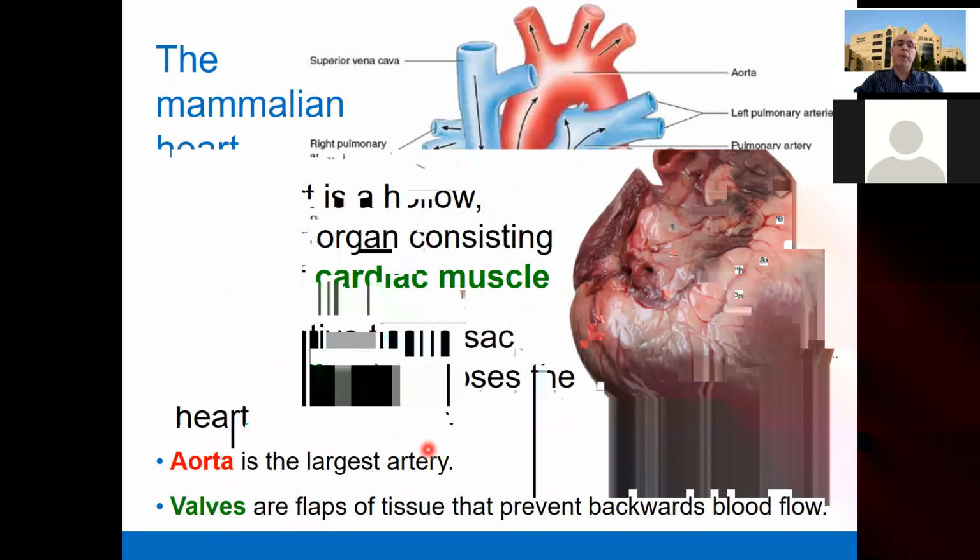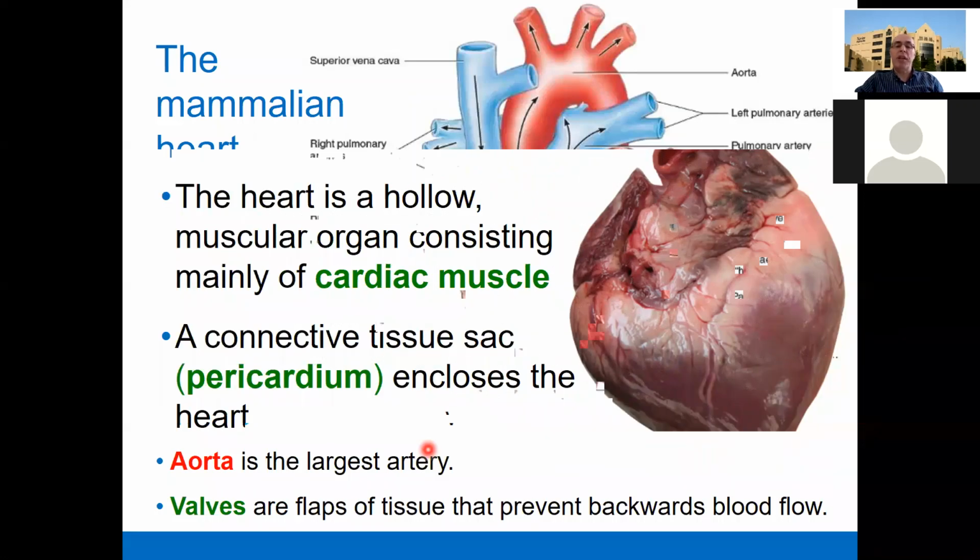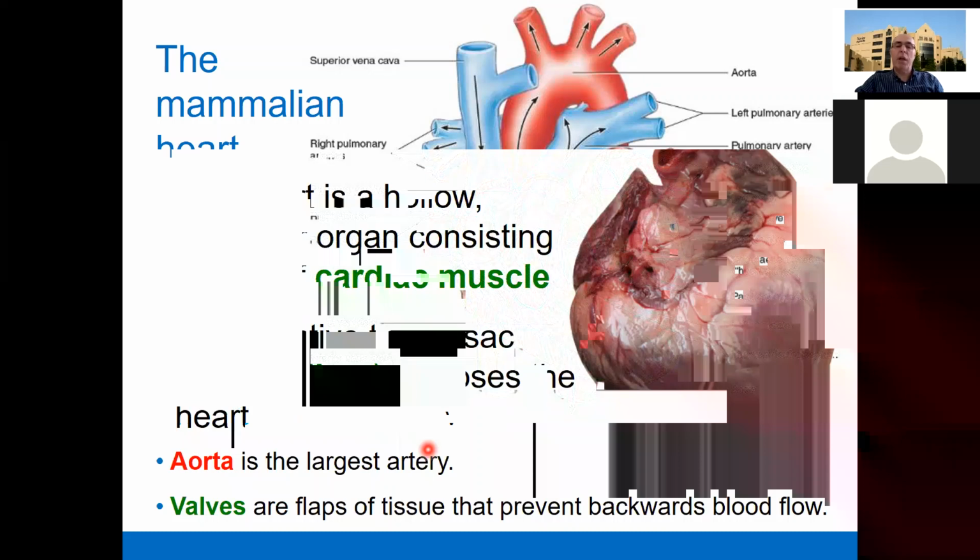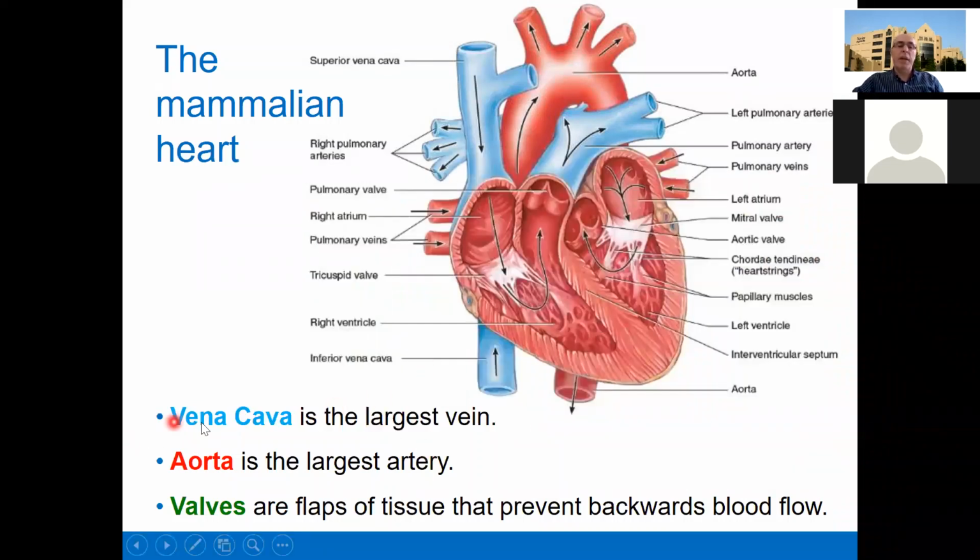Okay, the mammalian heart, as you see in these slides, I will give some additional information in a few minutes. But as you see here, the vena cava, the blue one, is the largest vein in our body, and the aorta is the largest artery in our body.